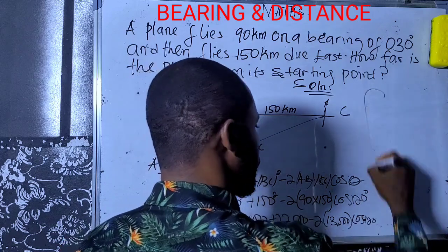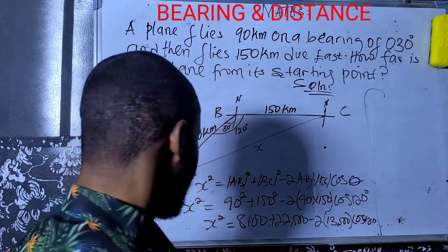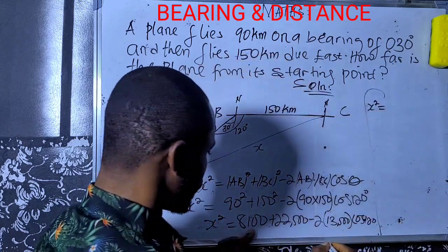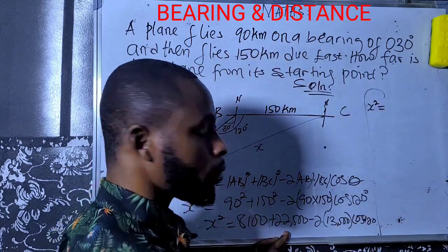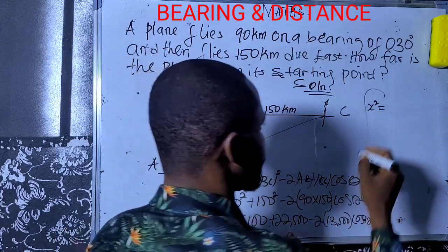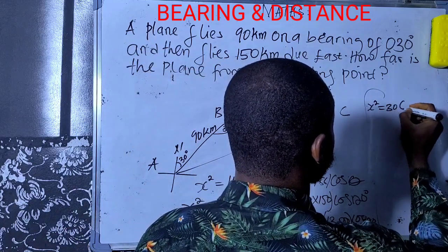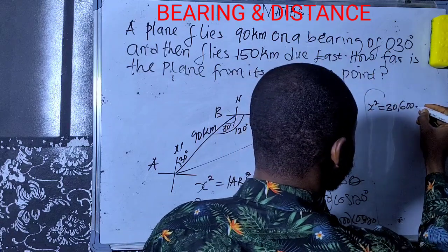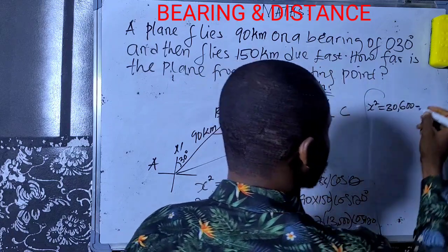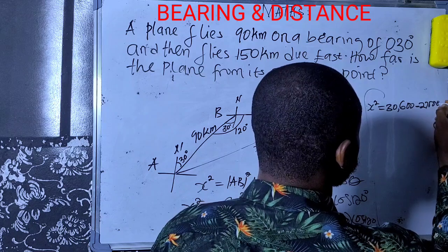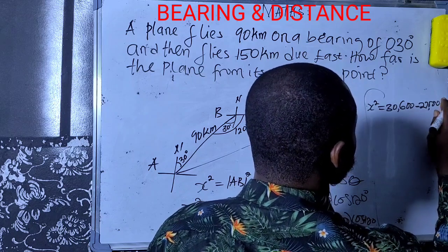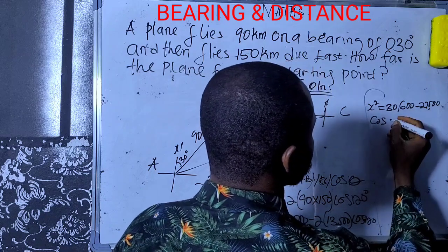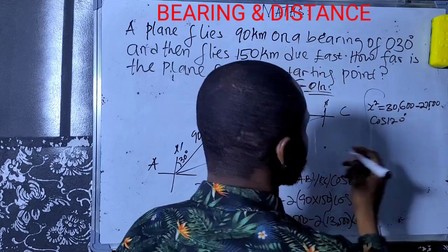Then to simplify this further, you have here that x squared equals 8,100 plus 22,500, that will give us 30,600. Then we have here minus 2 times 13,500, that will give us 27,000, then cos 120 degrees.